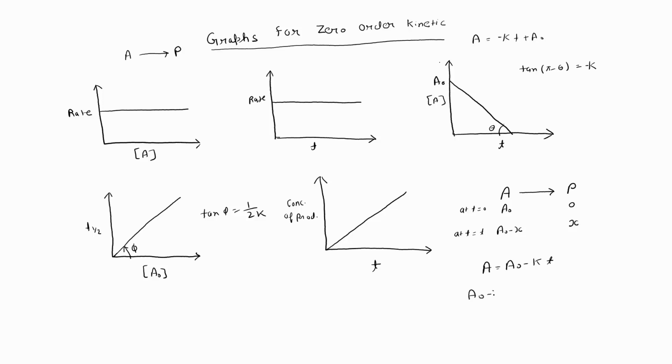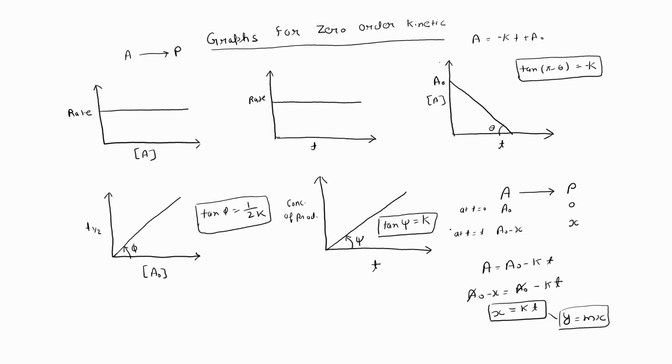So A naught cancels out, and x is equal to kt. Similarly, y is equal to mx. So it should increase linearly, with slope tan psi.